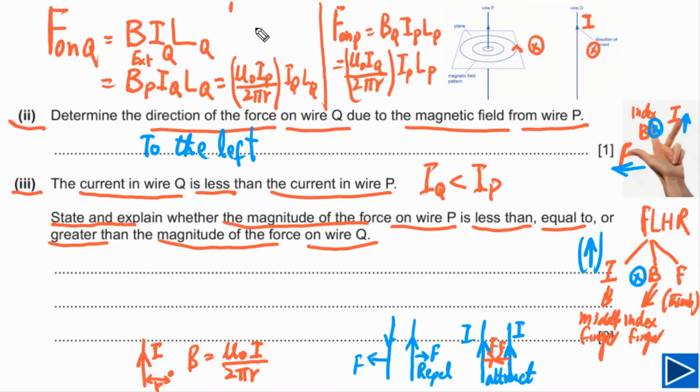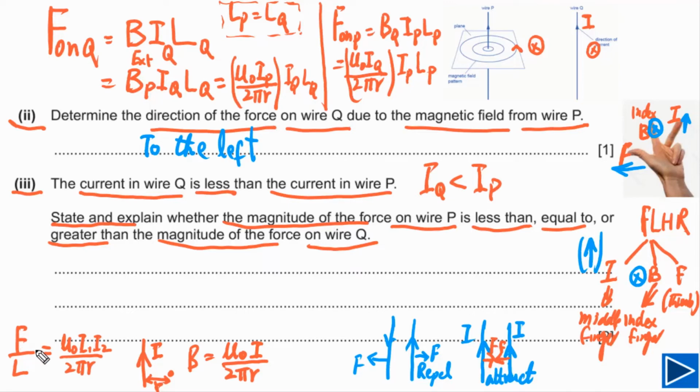If LP is equal to LQ, this is a very important point, then these two equations are the same. Or we can simply say that force over length, F over L, is equal to mu naught I1 I2 divided by 2 pi r.